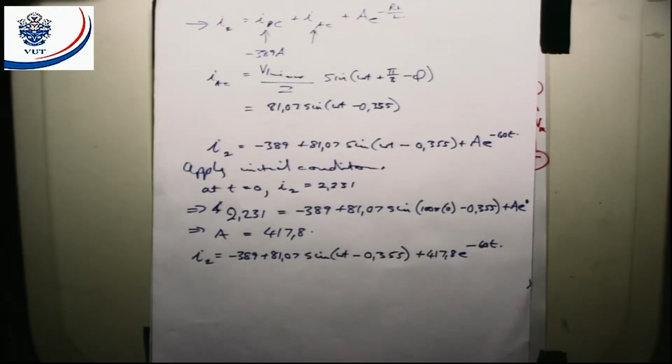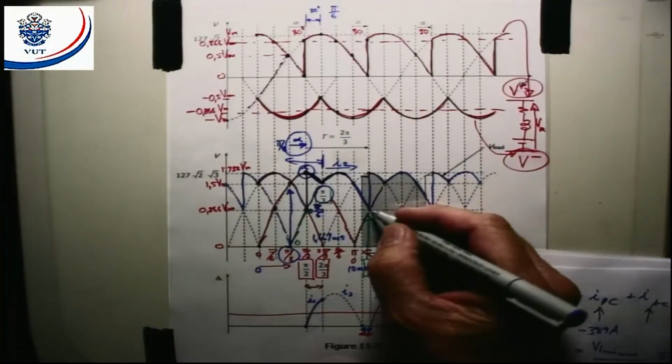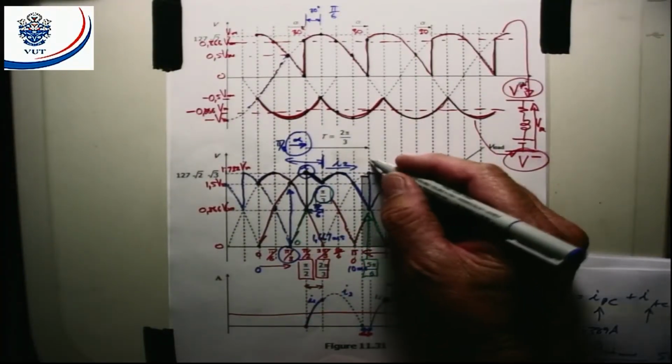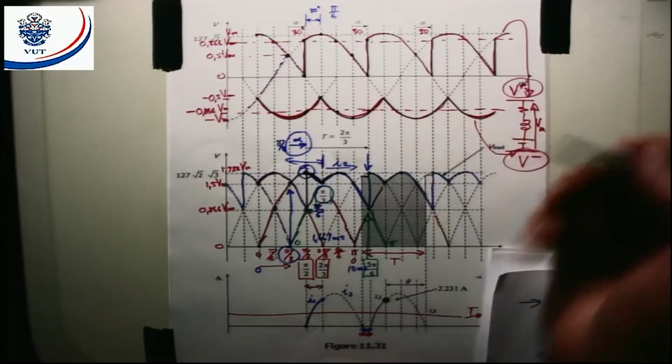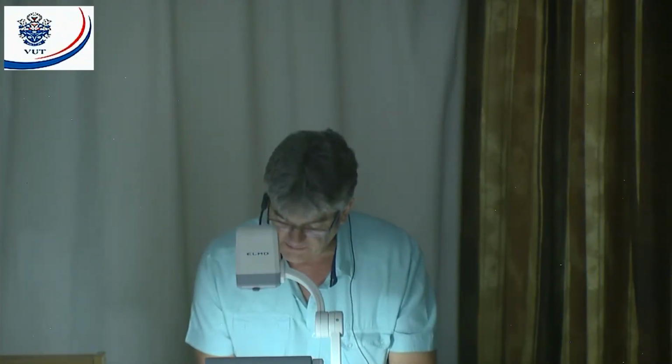Now, we must find out, is this current positive, 0, or negative at the next trigger point? Where is the next trigger point? On the graph, there is the next trigger point. There I am going to switch over to the next phase. Do you agree? How far in time is that?